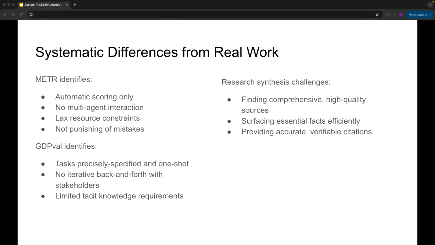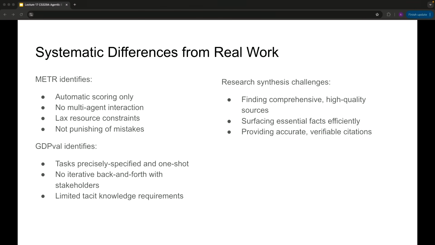And how does this vary from real-world tasks? As I said before, benchmarks are never perfect. They are a representation of what we think is measurable today. METR is automatically scored. There's no multi-agent interaction, so it's targeting a set of tasks that are single agent.